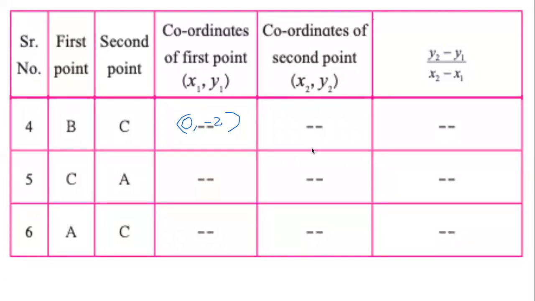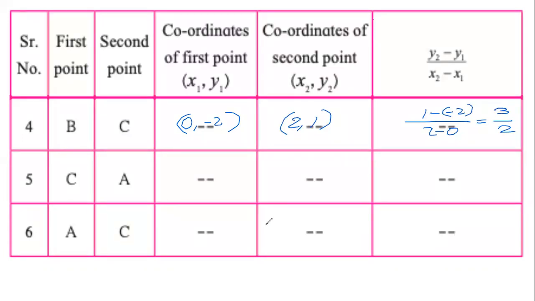Let us complete this and see what we get. So y2 minus y1 will be 1 minus -2, and x2 minus x1 will be 2 minus 0. Now 1 minus -2, that is 1 plus 2, is 3. 2 minus 0 is 2. Again the same ratio, 3/2.